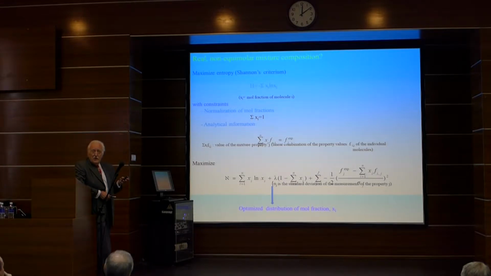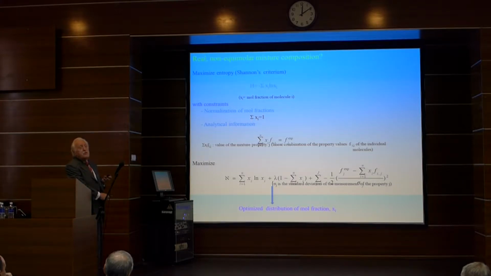That is not exactly what you have in an LCO. How can you now get a real composition? Well, you have to account for the experimental information that is available.